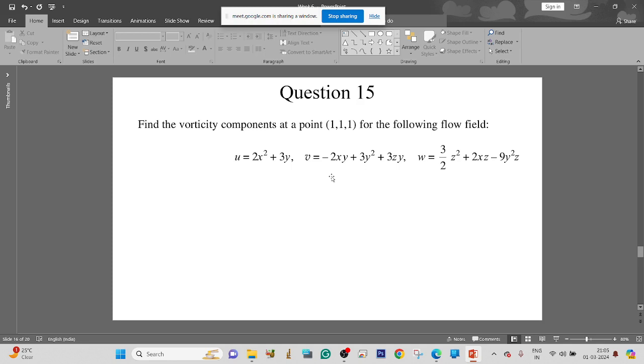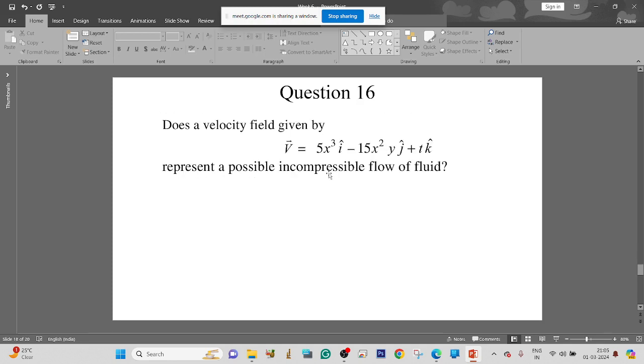Minus 21i minus 2j minus 5k. Yeah, correct.